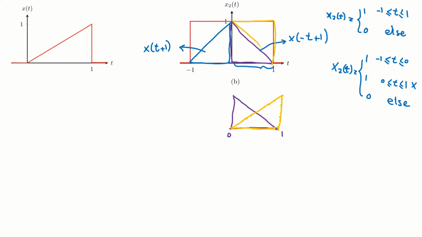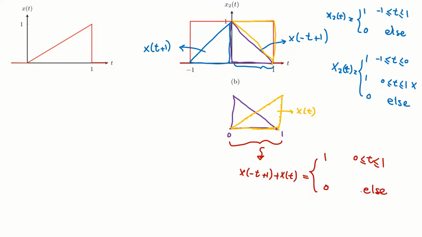Okay, but what is this signal? This is xt. We already have it. We don't need to do anything. So from this I can conclude that if I add x of minus t plus 1 to x of t, then this is 1 in the interval between 0 to 1, and it is 0 for the rest of intervals.